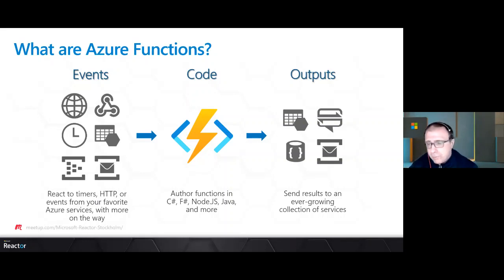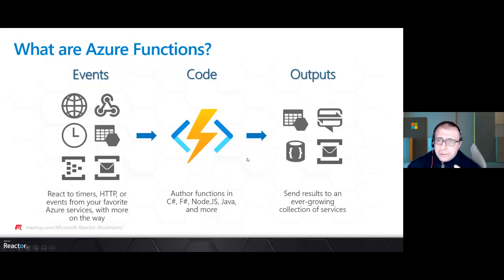But you can have more than one arrow on the right side. The right side arrow is called a binding. You can have more than one binding. In this session, we will see an implementation of different triggers and different bindings that allow you to implement a stateful pattern in Azure Functions.